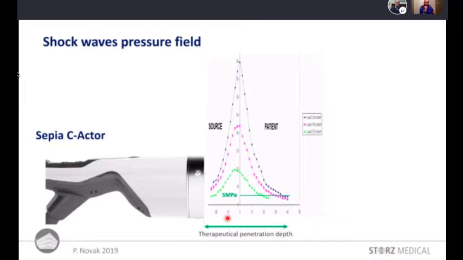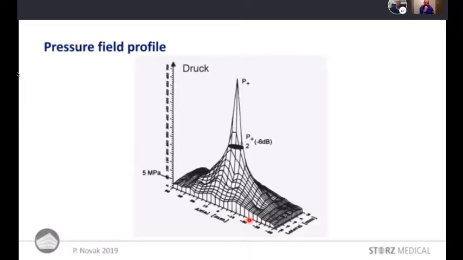It has a different reflector, resulting in a different shape of the pressure field, which is significantly shorter compared to the other one. Even at very high intensities, this 5 megapascal depth is only in the range of 60 millimeters. And here is a 3D drawing of this pressure field.